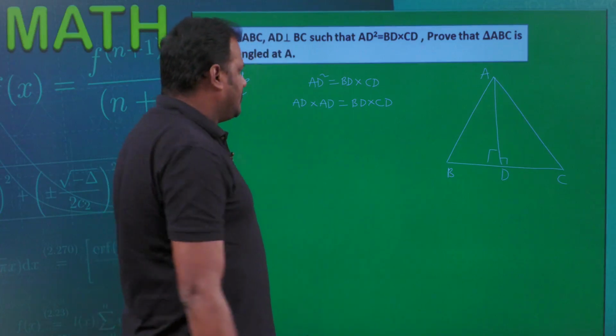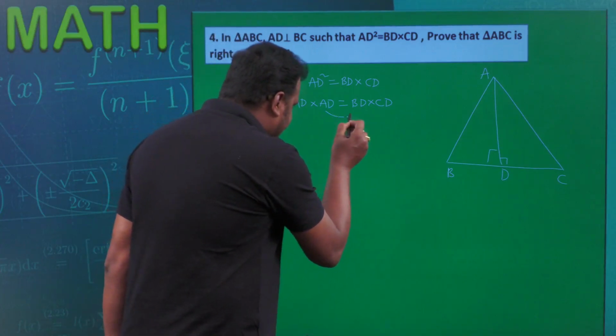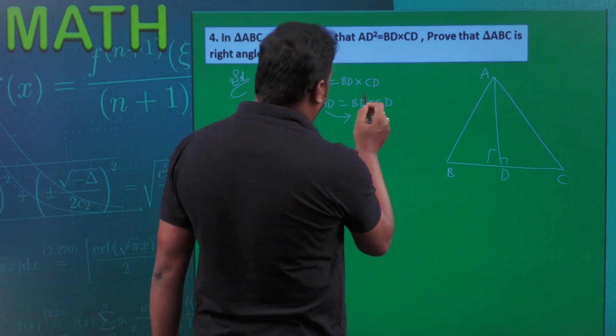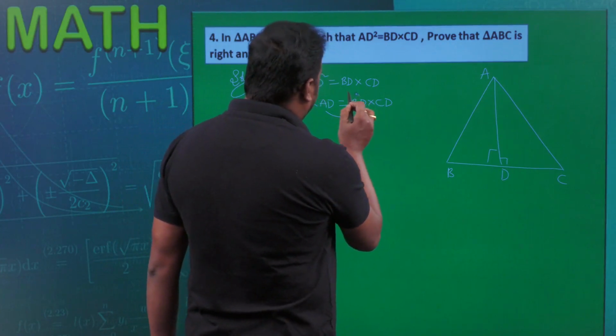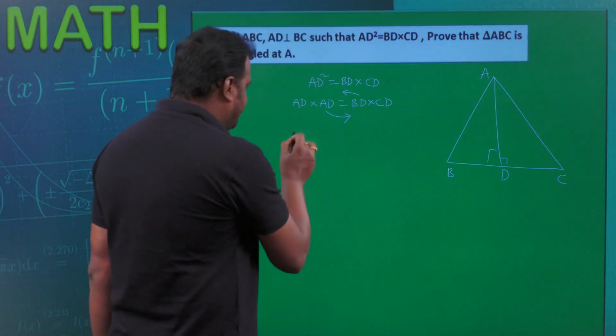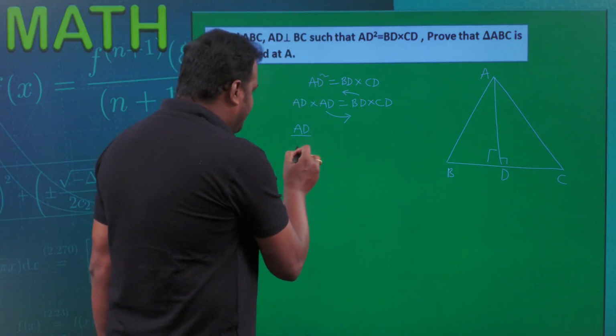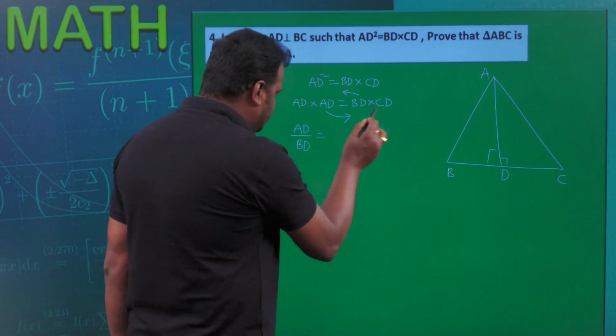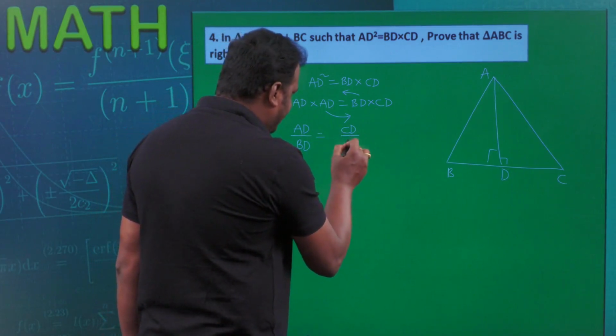Clear? Now I am transposing one AD to that side and BD to this side. Then AD by BD is equal to CD by AD.